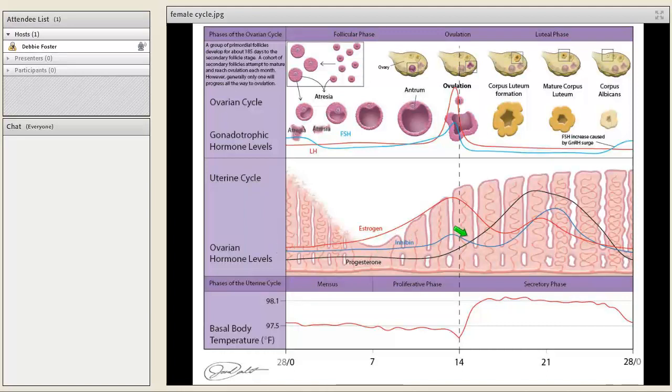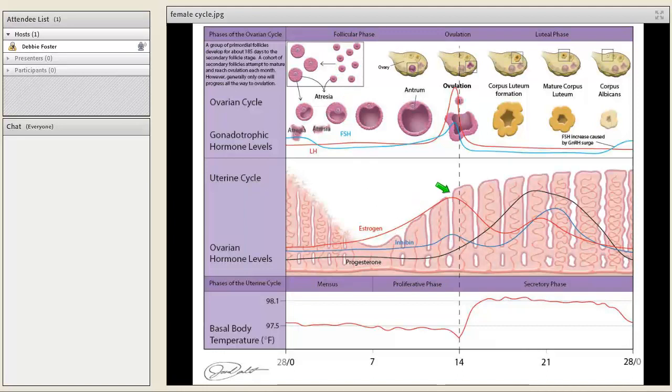Notice progesterone is only made post-ovulation, very low. This is really basal line. And then due to the corpus luteum is when we see progesterone. Estrogen, on the other hand, is being produced and developed from these follicles and all these little supporting follicles. And so you see a rise in estrogen as this follicle grows and develops, and as the other ones contribute to that growth of that primary follicle.